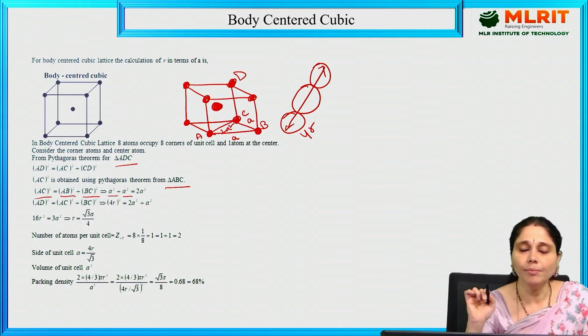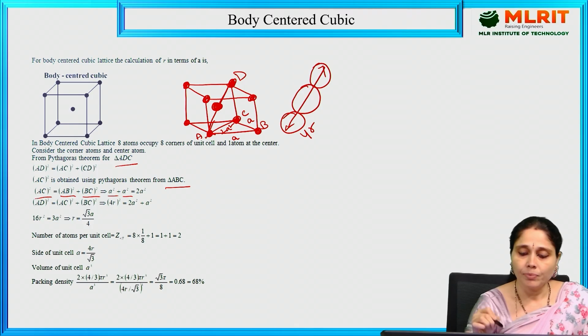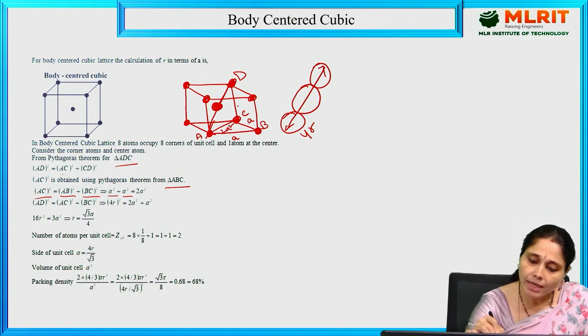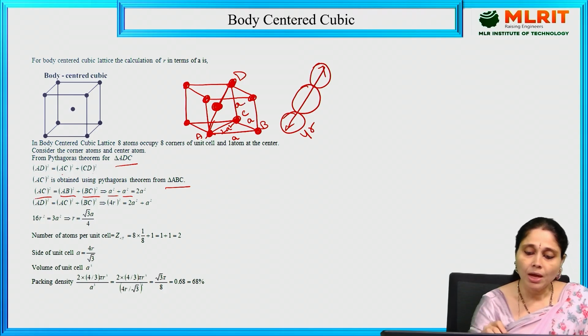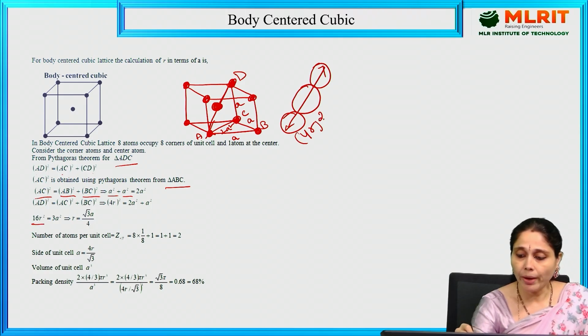Okay, is it clear? Now this is along the diagonal, we have the AD. Now ADC forms a triangle. So from the Pythagoras theorem, AD square is equal to AC square plus CD square. CD is also A. So AC is 2A square and CD is A. So now AD square is equal to 4R whole square, that is equal to 16R square.